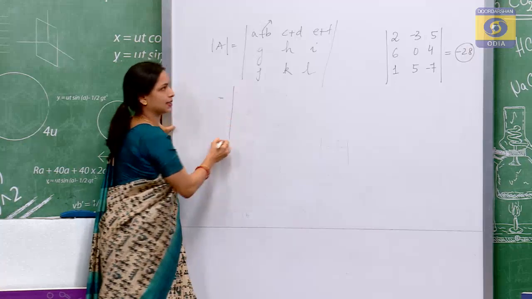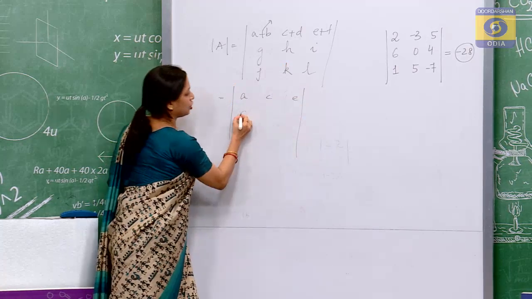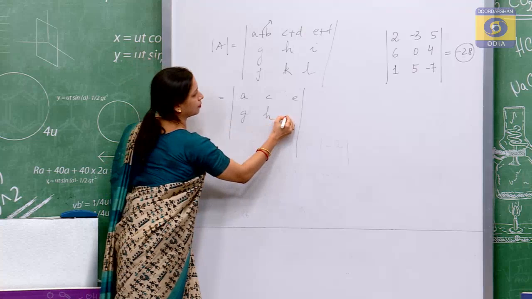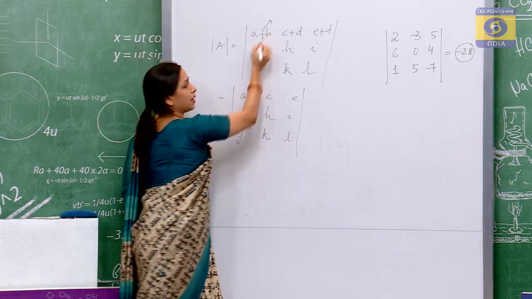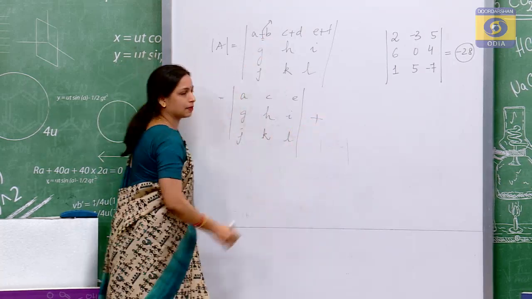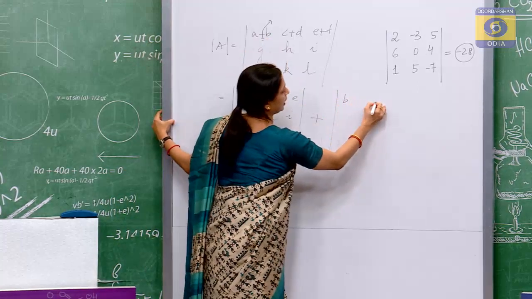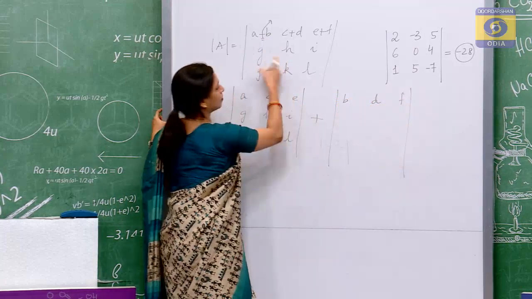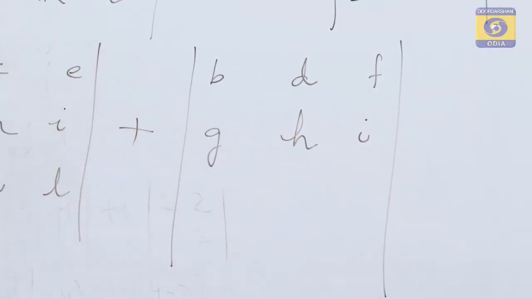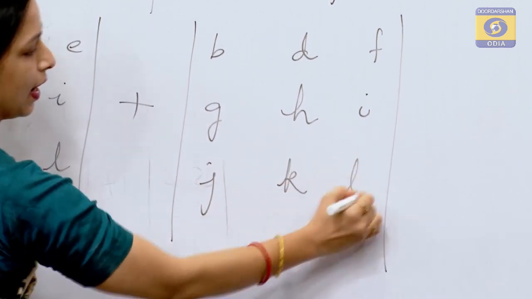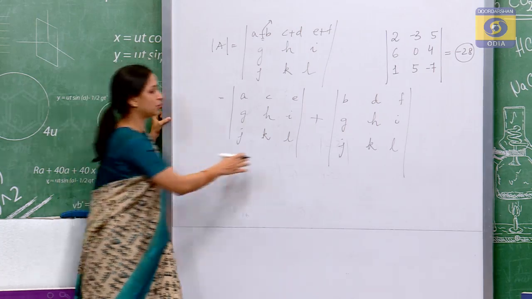That means, you can write it as A, C, E, G, the remaining elements remaining the same, I, J, K, L. Here the algebra is plus, so sum, so plus the next determinant, B, D, F, again the remaining elements remaining the same, G, H, I and J, K, L. So, here we have split the single determinant into two determinants.